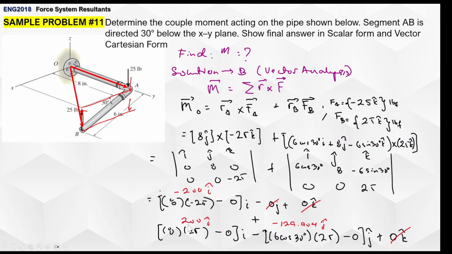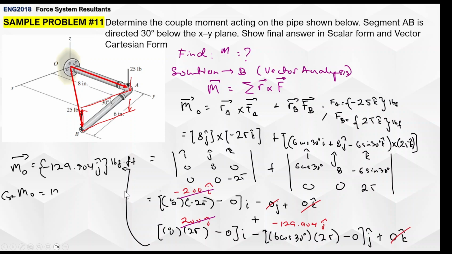Negative 200 plus 200 is 0, leaving us with negative 129.904 j hat. There we go. Oops, wrong symbol. This should be clockwise.